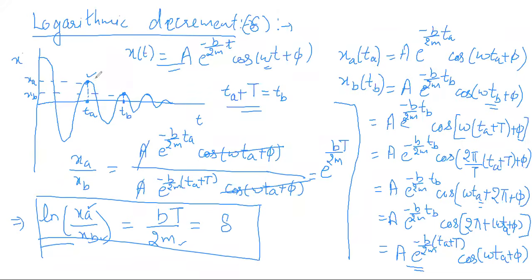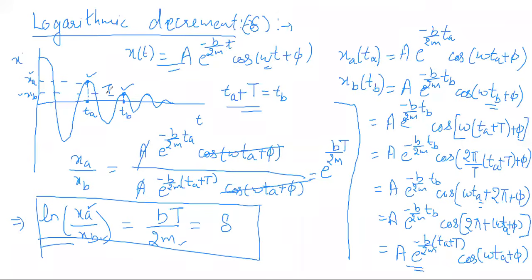Let's say you measured here and here, so you know both these numbers. What is the value of XA? You know the value of XB, and you also know the time, how much time you require to complete one oscillation. Plug in everything here and you can calculate the value of the damping coefficient. For any fluid you are given, you can calculate its b from here.